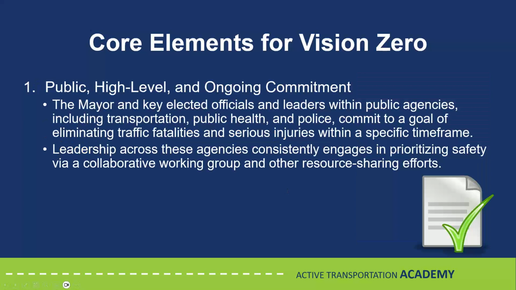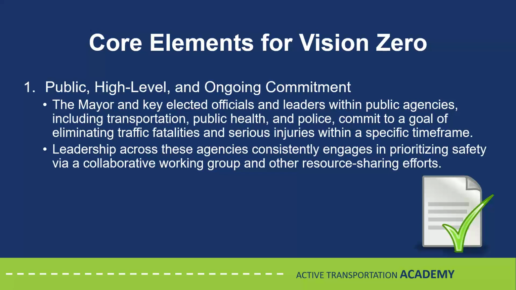Okay, so let's get to the core elements. The first core element is a public, high-level, and ongoing commitment from leadership. So, by the way, if you are interested in Safe Streets and Roads for All implementation dollars, this is the first item listed on the self-certification eligibility worksheet. So what does it mean, a public, high-level, and ongoing commitment?